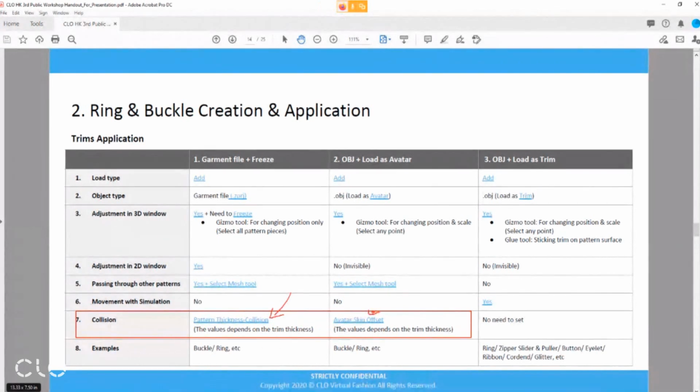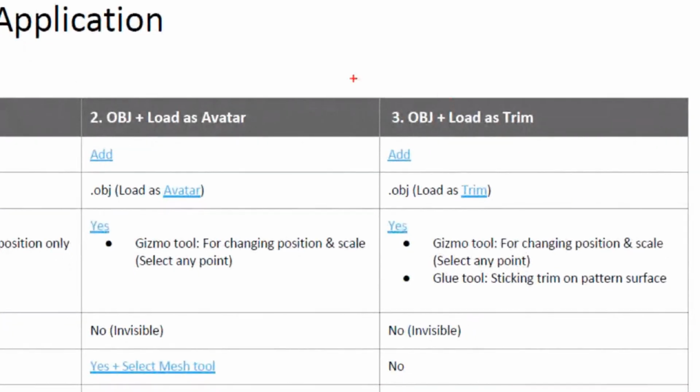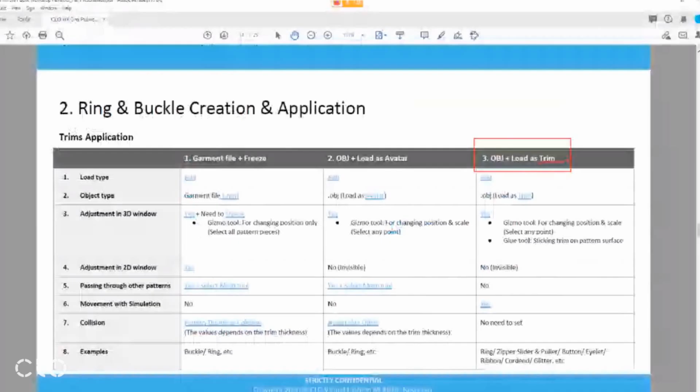Their collision settings have different names, but the purpose is the same. Okay. And then I will talk about the last method. It is about the OBJ file type with load as trims.